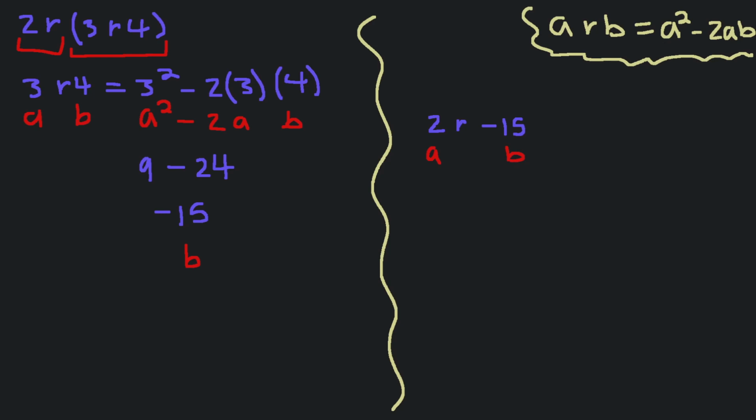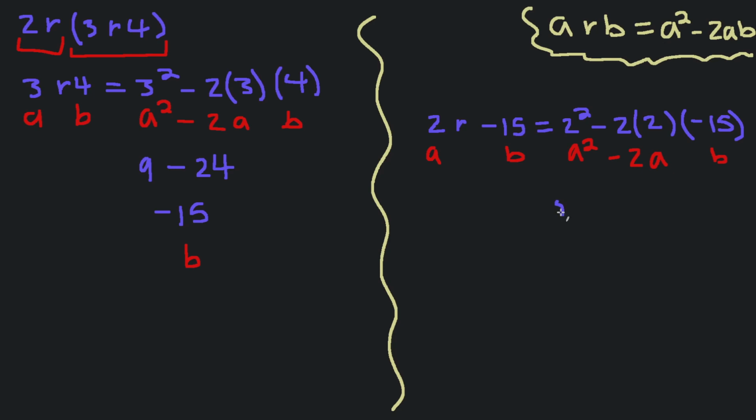So if we work it out like we did before, that should equal 2 squared minus 2 times 2 times negative 15. And this is my a squared, this is my a, and this is my b. Okay, so now we need to simplify that.